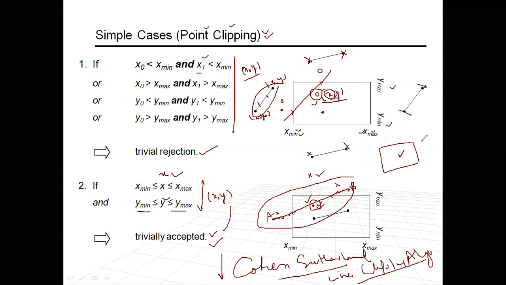The portion lying outside is considered the invisible portion. Whatever amount of the object is lying outside the visible portion should be discarded, and the portion lying within the visible region should be accepted. So after clipping you will get this.